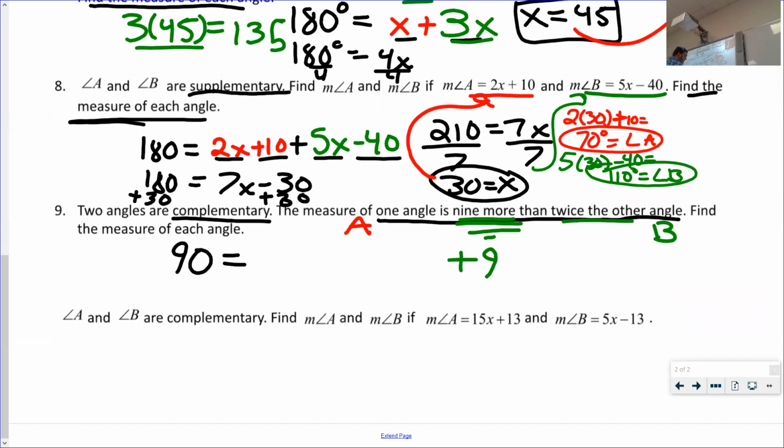Then twice the other angle, which is B. I think you guys like using X better, so I'll make it X. So 2X. So 2X plus 9 is the other angle. And then the first angle is obviously just X.